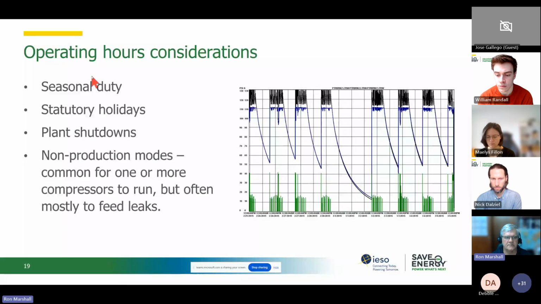There's sometimes seasonal duty, sometimes there's an extra shift in the summertime or when berries are ripe and all that stuff. There's statutory holidays to figure out. There's plant shutdowns. Some plants shut down 2 times a year for two weeks, right? And that'll affect your operating cost calculations, right?